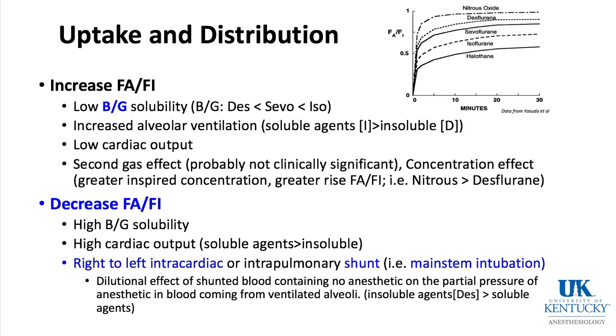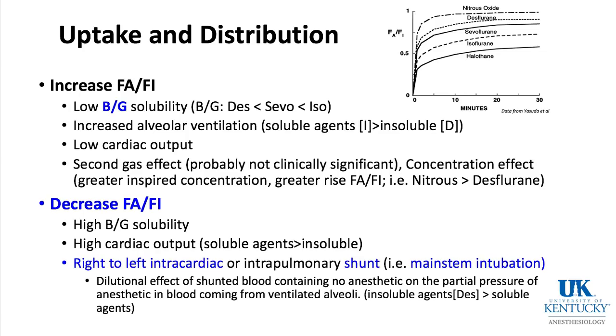Another example that can decrease uptake is a right to left intracardiac shunt or an intrapulmonary shunt. Now, the example of an intrapulmonary shunt would be a main stem intubation. You put the tube a little bit too deep down the right side, and you're ventilating only the right lung, and the left lung is getting no ventilation, no delivery of anesthetic, but continues to receive blood. That's a large shunt.